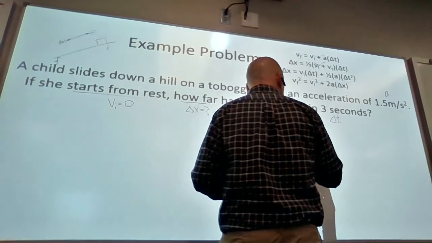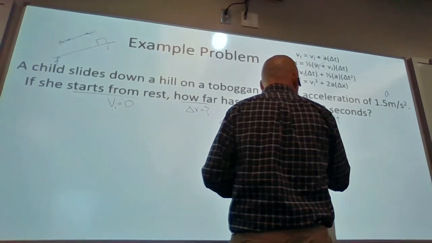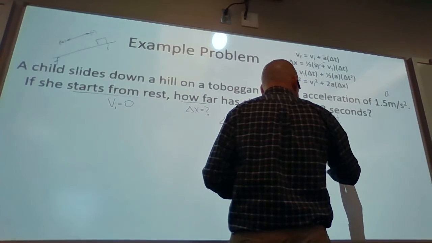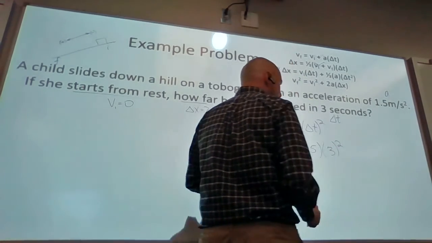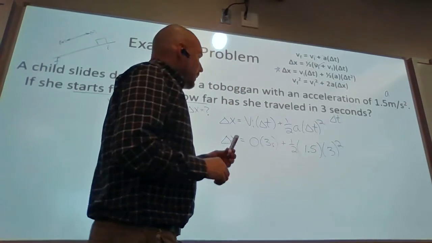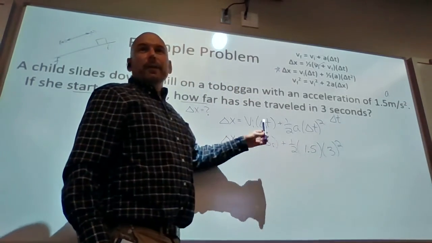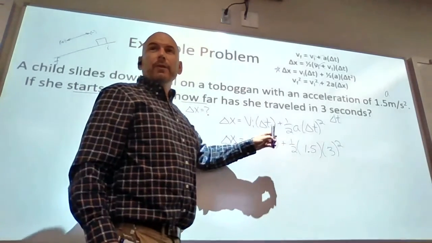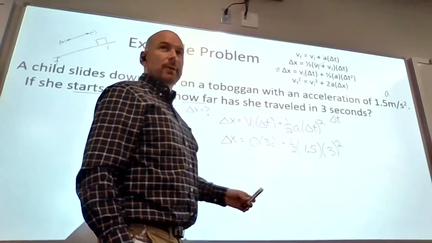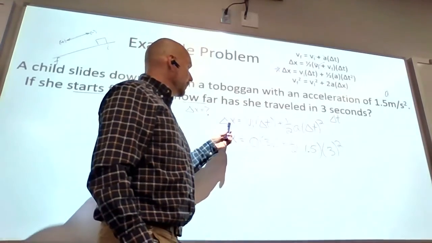Now, here's an important but subtle detail. Anytime you have a vector, something that has direction, that you have a number for, you need to assign a positive or negative value to it.